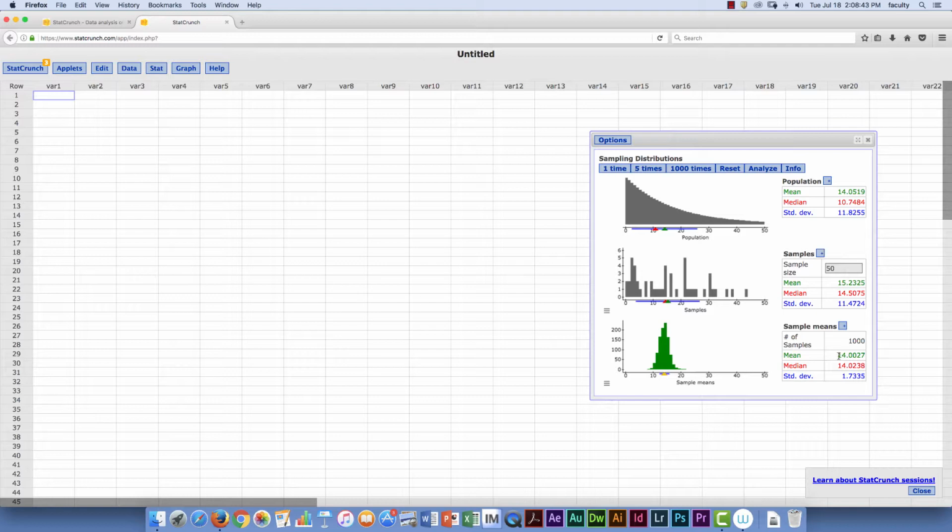The mean of the distribution is about the same as the population mean. And the standard deviation, or the spread of this sampling distribution, is the same as sigma, 11.8, divided by the square root of 50. So the population standard deviation divided by the square root of the sample size.